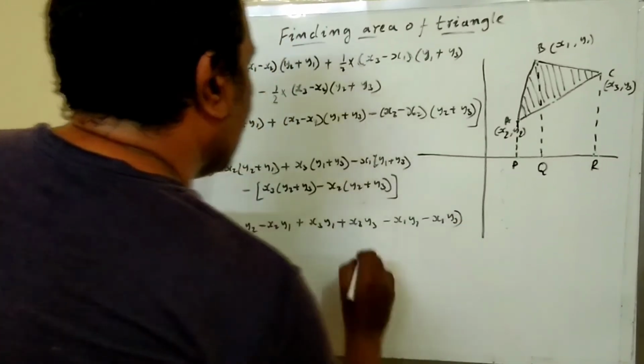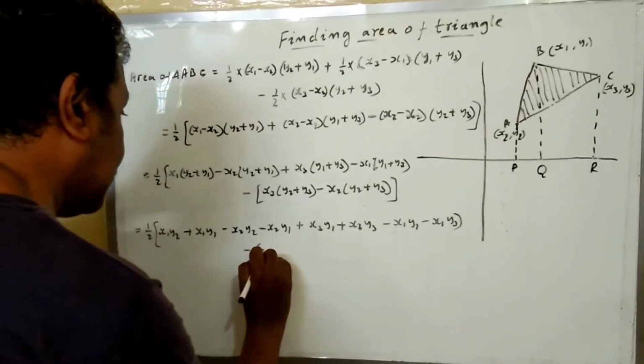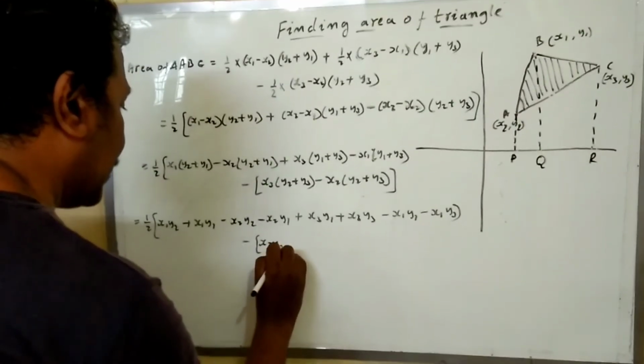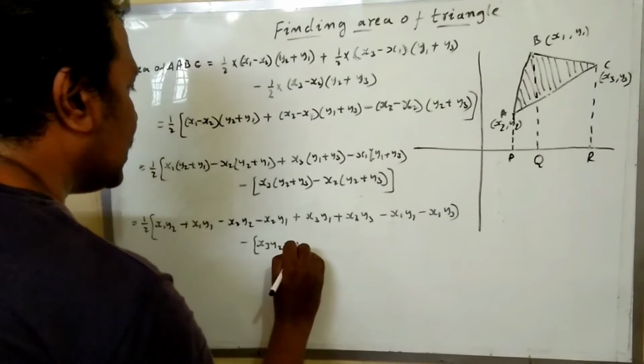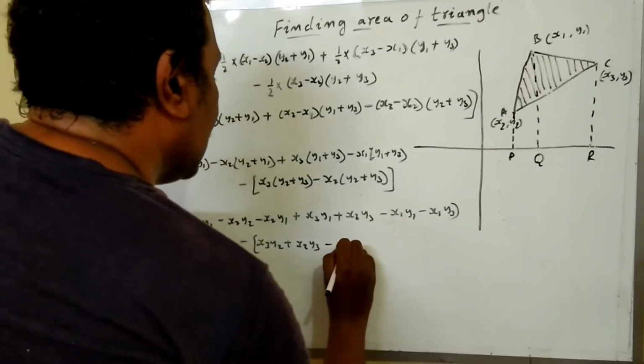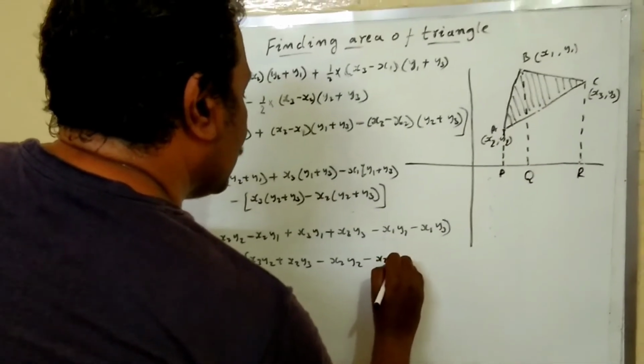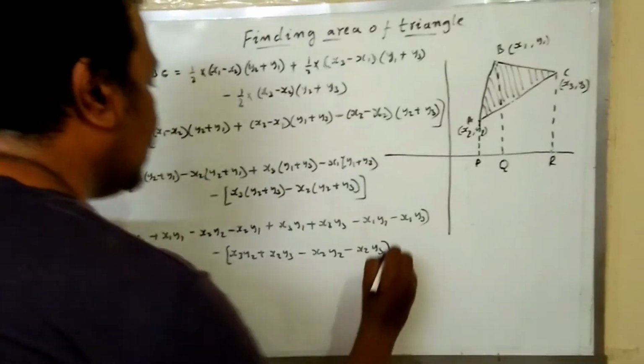Again keep this in a separate bracket: x3y2 plus x3y3 minus x2y2 minus x2y3.